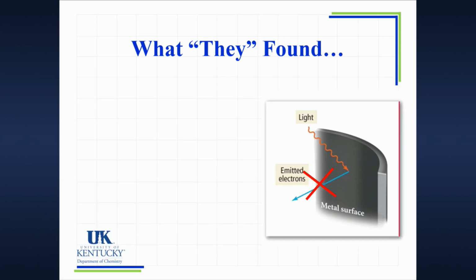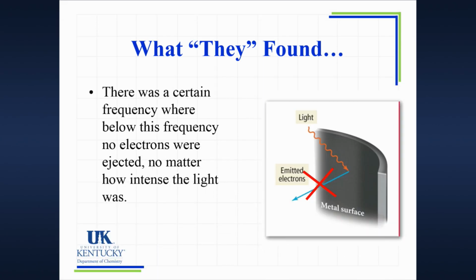Here is what they found instead. They found that there was some frequency of light, that it did not matter how intense it was. If you were below that frequency, no electrons would get ejected.